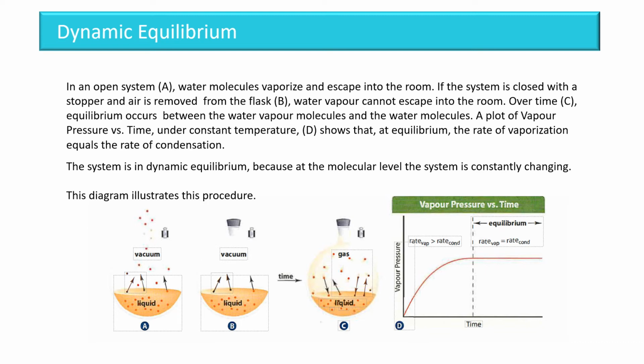A plot of vapor pressure versus time under constant temperature, shown in D, shows that at equilibrium, the rate of vaporization equals the rate of condensation. The system is in dynamic equilibrium because at the molecular level, the system is constantly changing, as shown in this diagram.